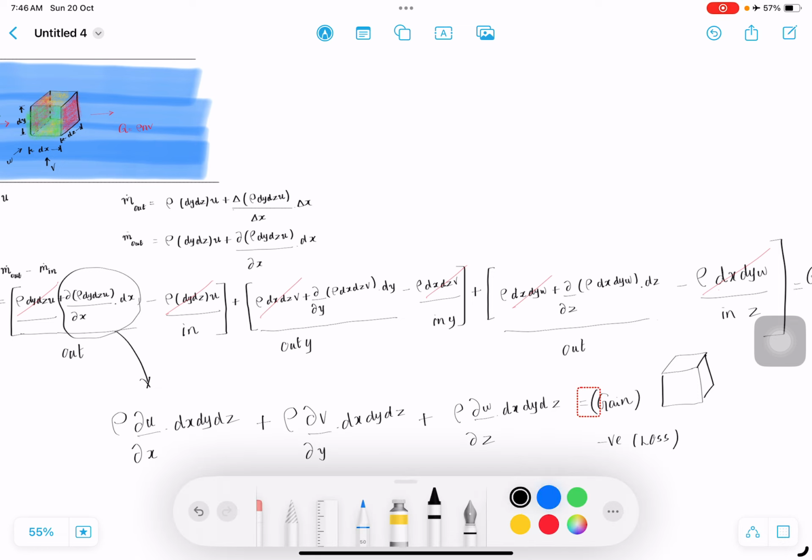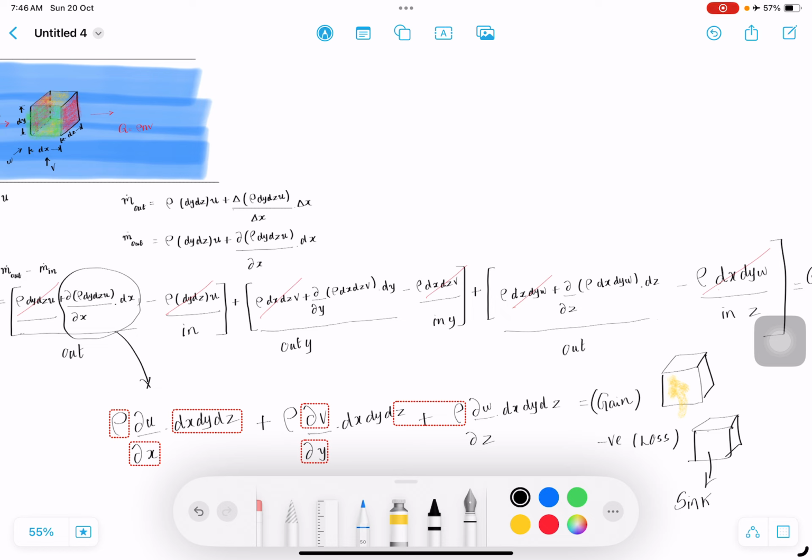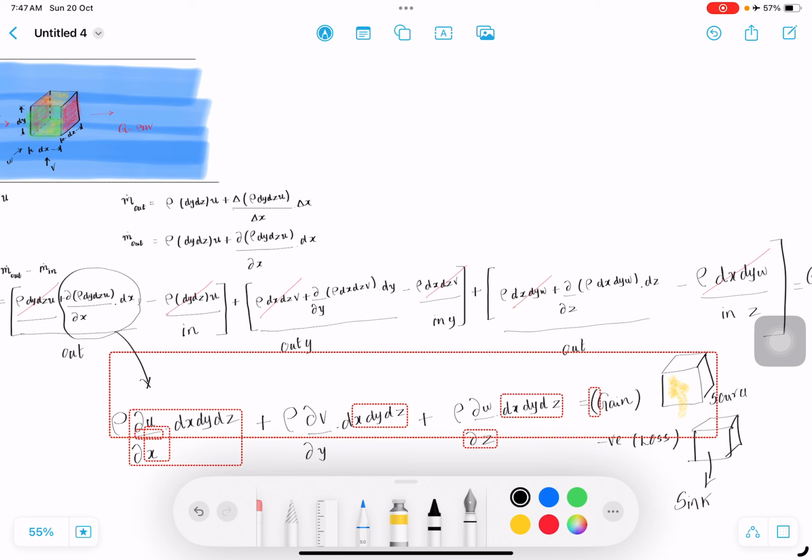A loss means there is some kind of fluid that is being pumped out, which means it is lost. So there is a sink that is going out, which represents a loss. And if there is a gain, it represents the source.